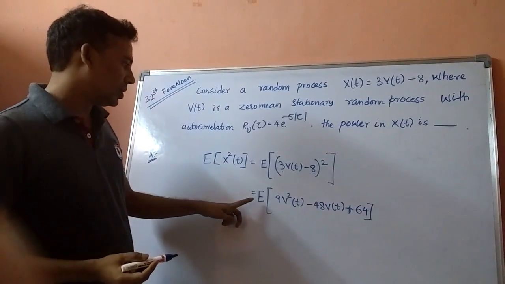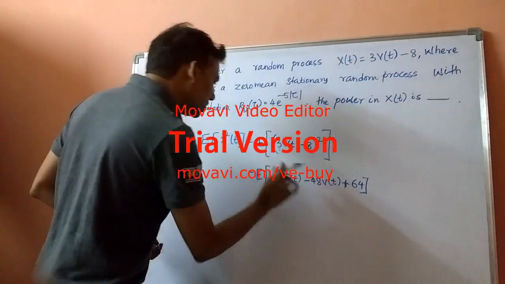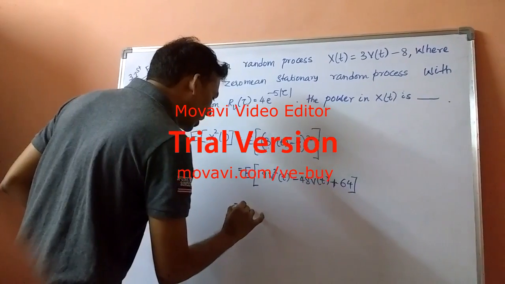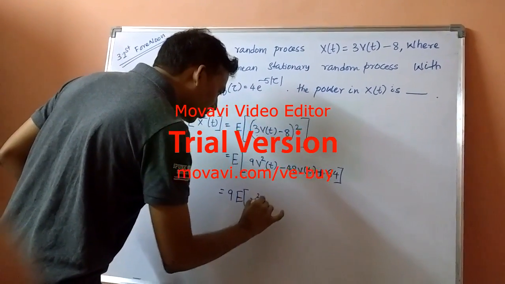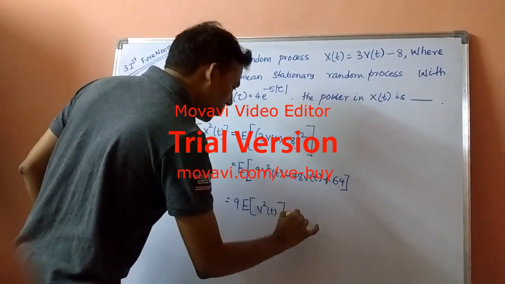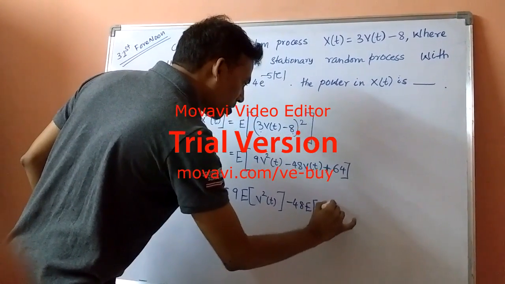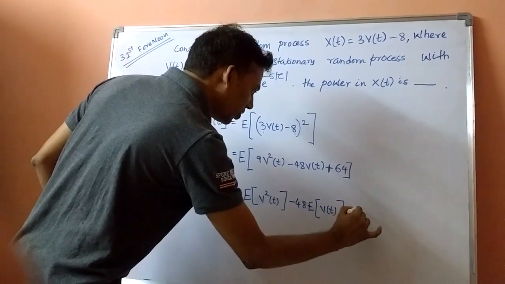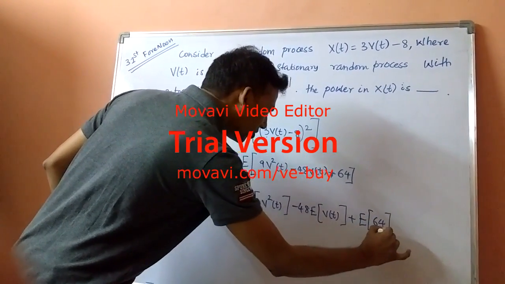And the expectation is a linear operator, so this expression can be written as 9 into expectation of v square of t minus 48 into expectation of v of t plus expectation of 64.